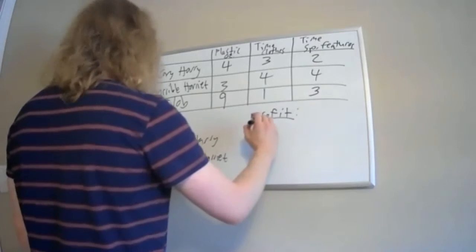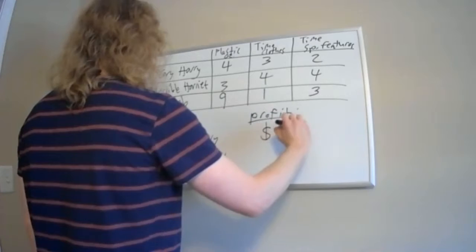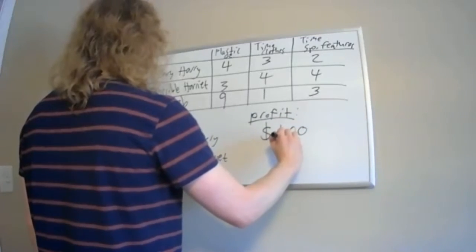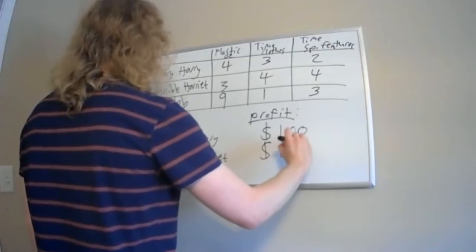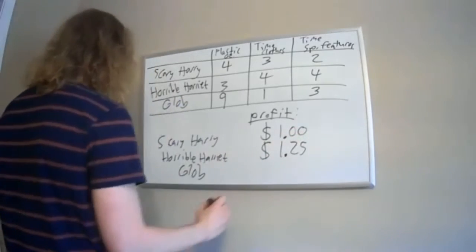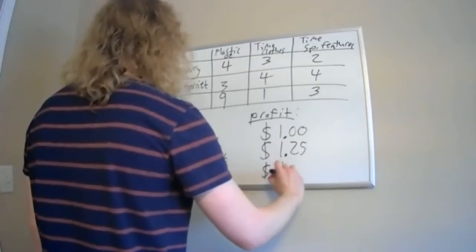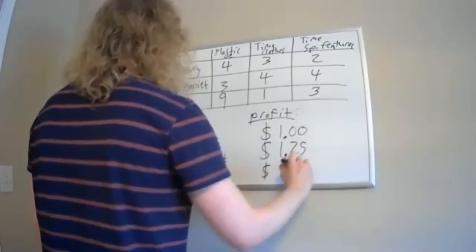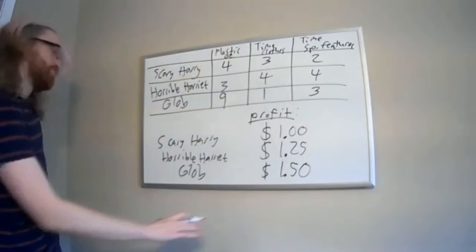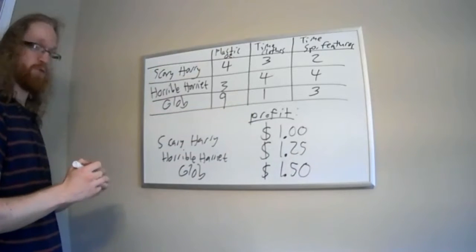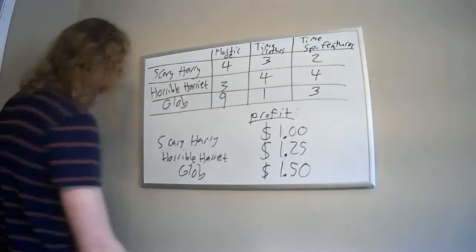I'm going to make $1. For Horrible Harriet, I'm going to make $1.25. And for the Glob, I'm going to make $1.50. Those are my profits. So I have all of this information. This is all going to be put to use here, just to set this up.